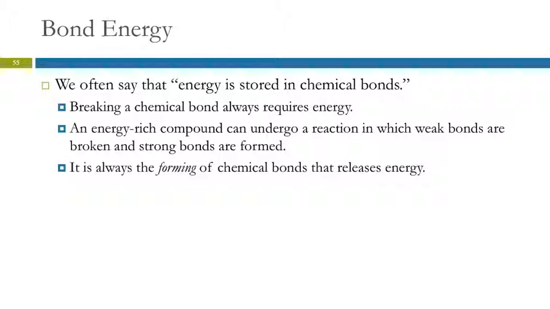Because the bonds between carbon and hydrogen and carbon in propane are fairly weak bonds. And you break those bonds, and then you form stronger bonds between hydrogen and oxygen, and double bonds between carbon and oxygen, making water and CO2. And when those stronger bonds are formed, energy is released, and that's where the energy comes from to cook your hamburger.